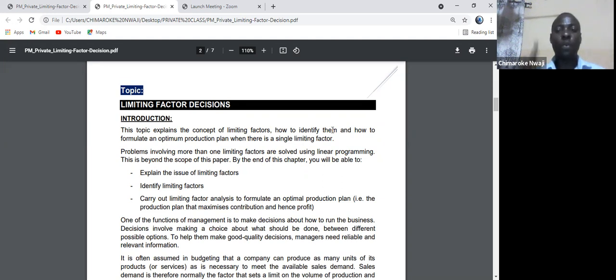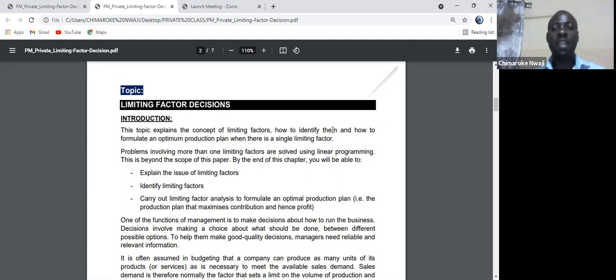And you have only one factor that is limiting you from achieving that. So how do you deal with that factor so that you can maximize your profits or contribution? That is what the limiting factor decision-making technique will handle.